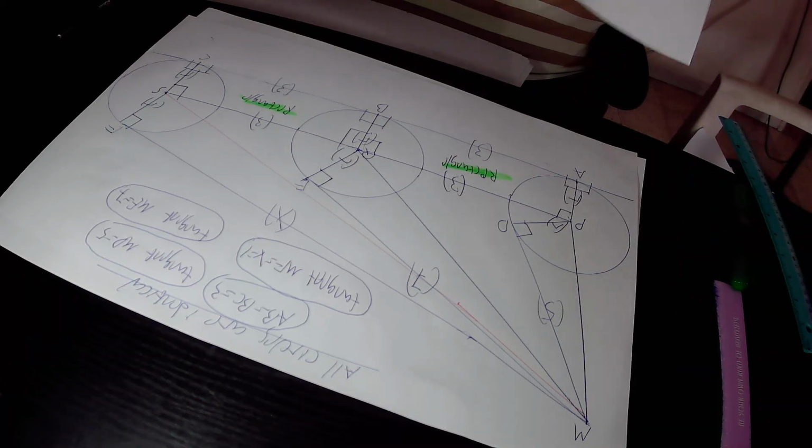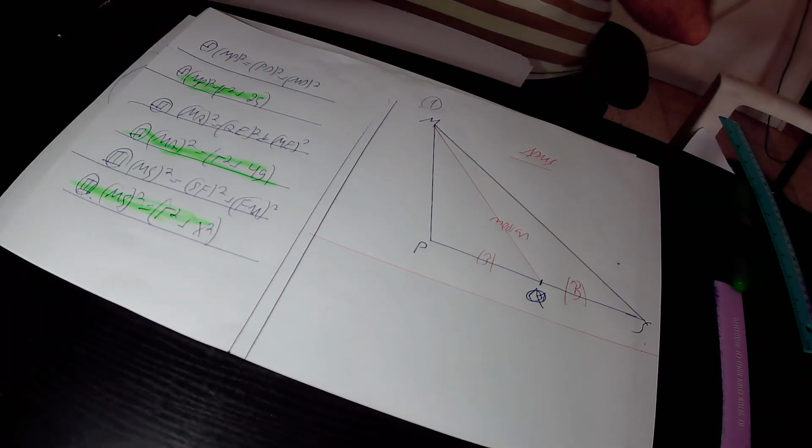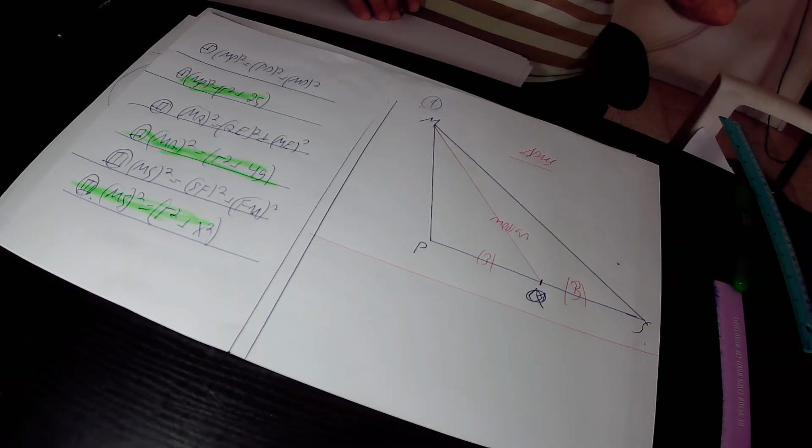So actually, this is triangle PMS that occurs from the original drawing. Line segment MQ is defined as the median of this triangle PMS. What is the definition of a median?